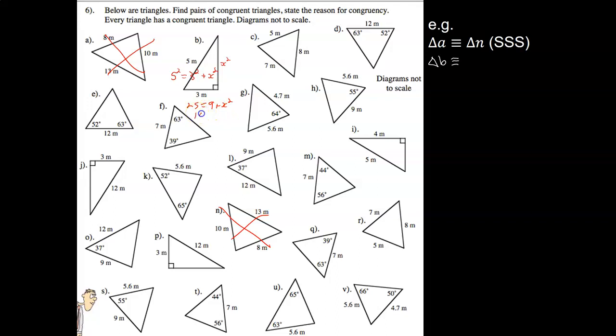Subtract 9 from both sides. 16 equals x squared. So 4, which is the square root of 16, equals x. That's not x squared, sorry, that's just x. So that side's 4.